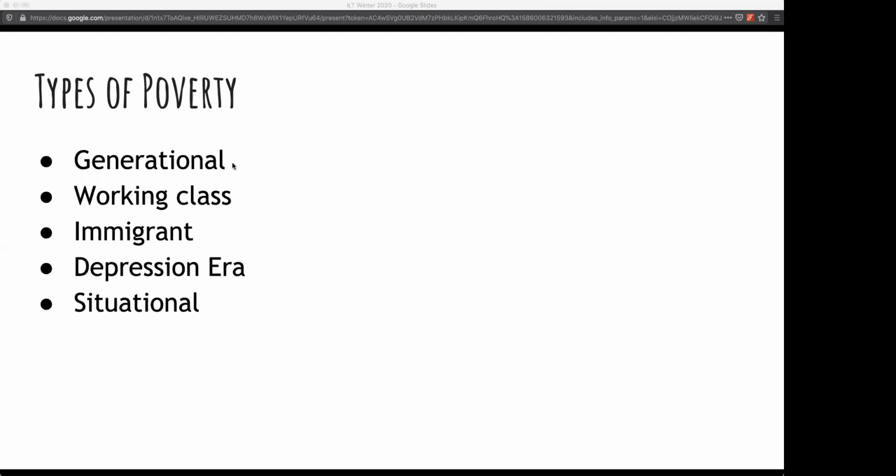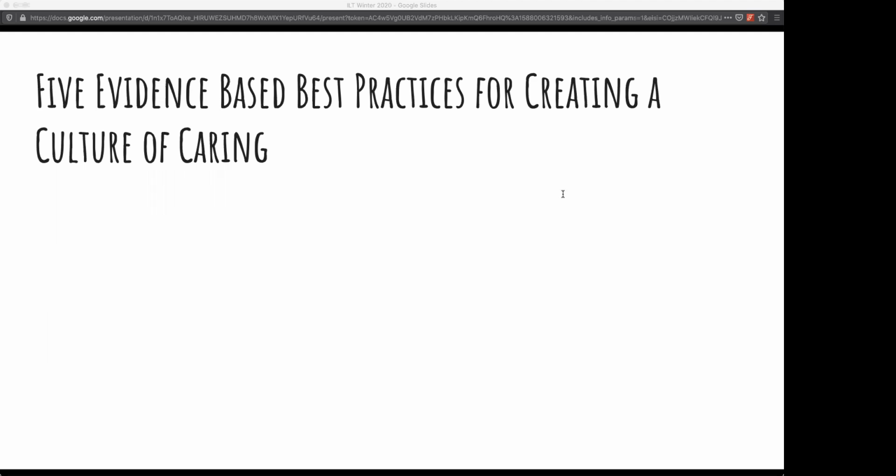It's certainly the case when folks are first-time college students. So that's sort of the background information about different types of poverty and their impacts. The solutions going forward, like I said, were much more higher level.